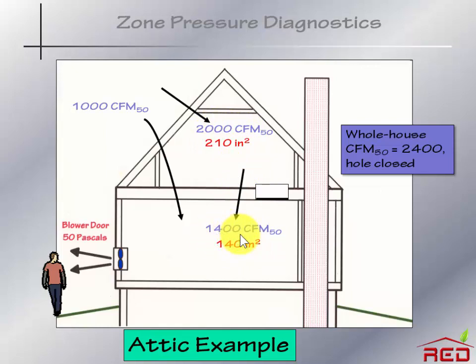Not exactly, but almost always quite close. And the total path is 1,000 CFM 50 flow rate. We don't divide this by 10 or try to determine the square inches because this is for both pressure boundaries, the roof, gable end, and the attic ceiling. And notice for the initial configuration, the whole house CFM 50 is 2,400. So if we look at these in order, first of all, the house to the zone, zone to outdoors, and the through zone.